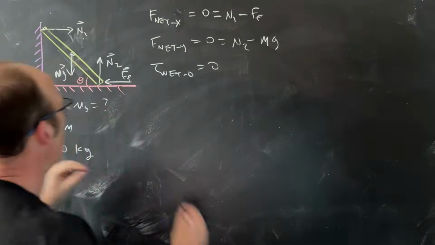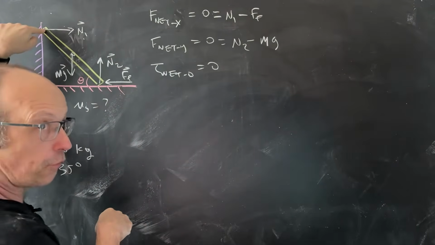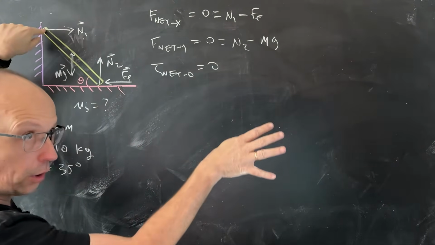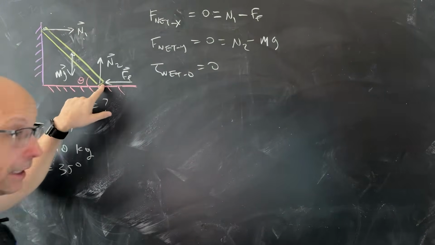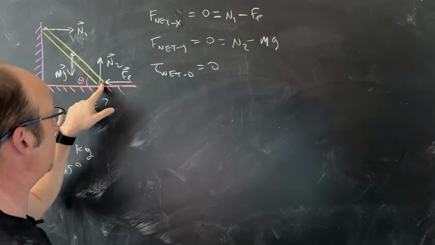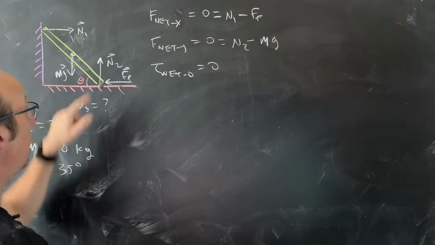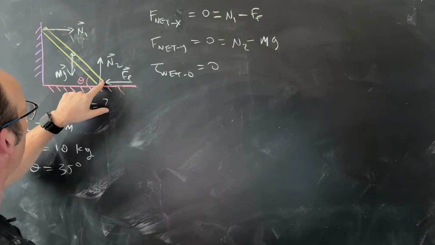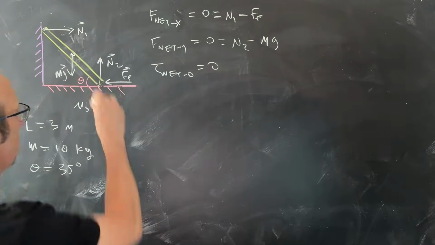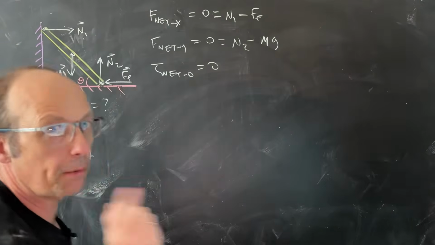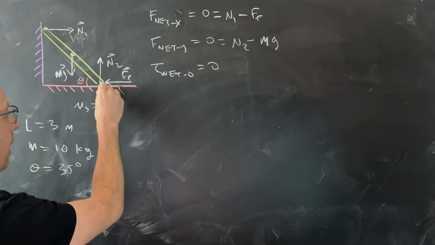Because where you pick the point, if you have a force applied at that point, there's no torque. So this normal force is not going to make any torque. And you may think, well, what if you pick down here? That's a good point too, because then you're going to have 2 forces that have no torque. If I pick 2 forces with no torque, then I think it's going to work. No, I think I'm going to pick down here. You do it both ways for practice. So I'm going to pick that as point O.